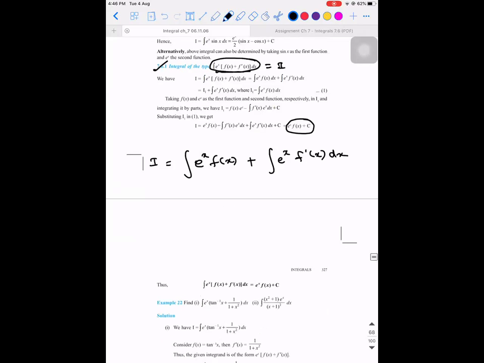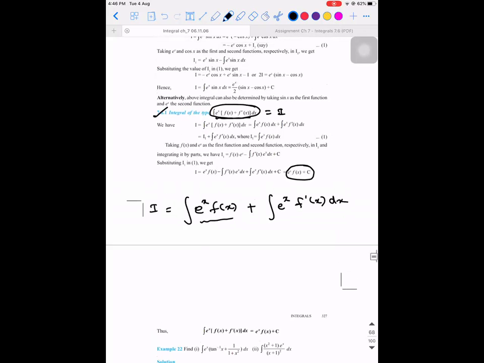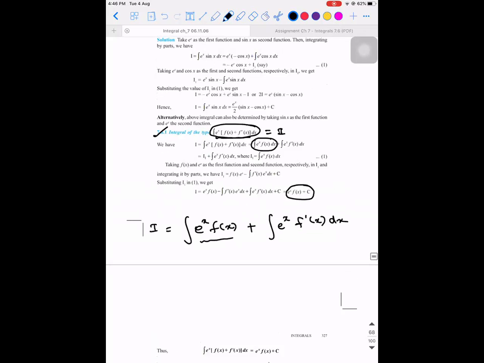Now see what is going to happen. The integral of e power x into f of x dx can be taken as I1. Then the integral of e power x into f dash of x, let's hold it.